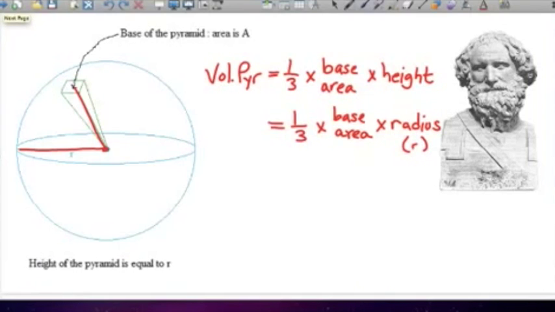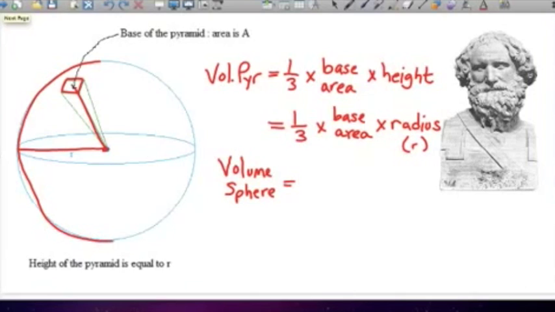But then what about the volume of the sphere? Well, we're going to take the sum of the base areas of all the pyramids. So all these bases here, we're going to pretend that they're covering the entire sphere. Sweet.